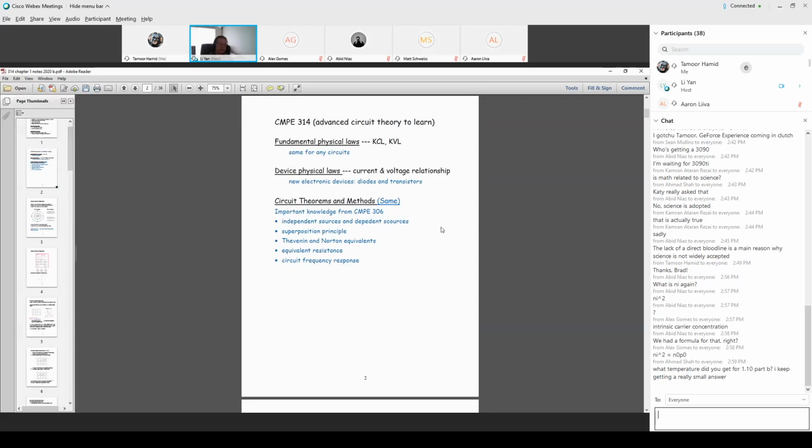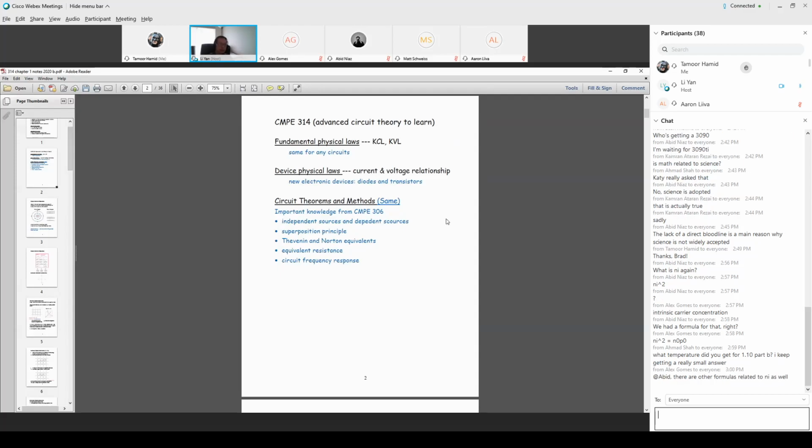So what is the new device law? Device law is the current voltage relationship. And we are going to learn new devices, diodes, so we are going to learn the current voltage relationship for diodes. The first day I said we were going to learn that, and here we are.